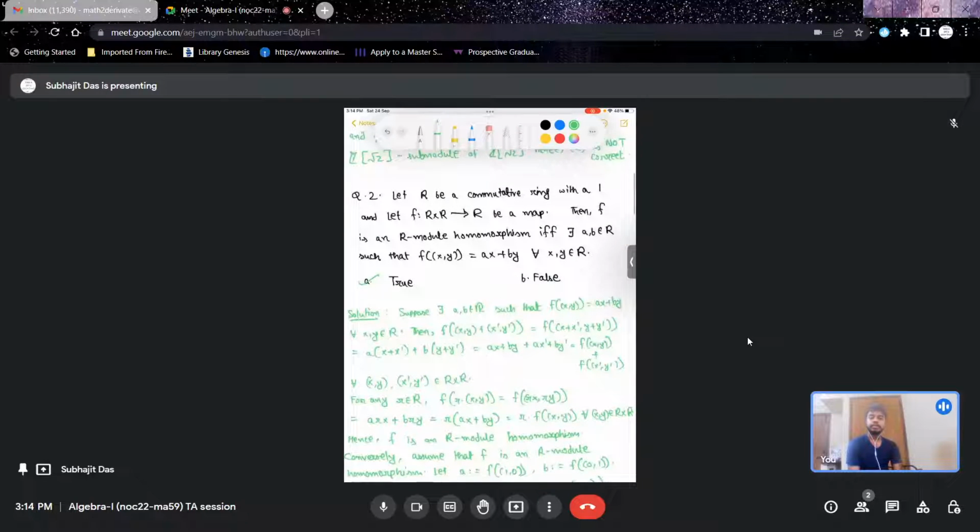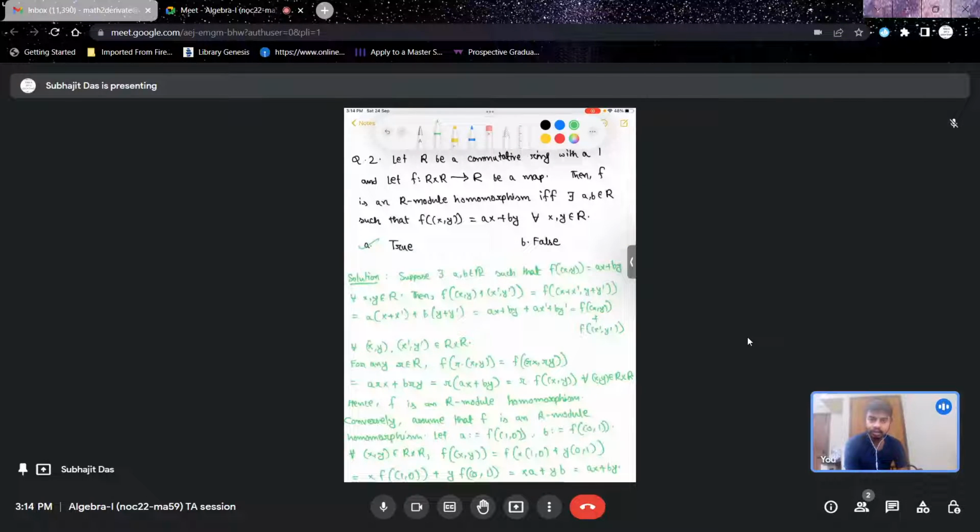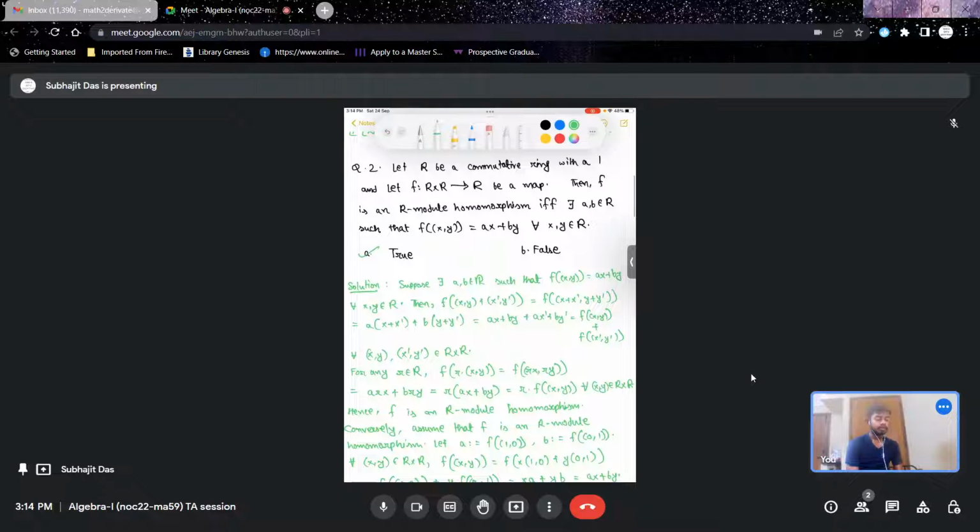Before we move on to the next problem, just a small thing to say is that this is precisely why I was stressing the fact that R cross R is a free R module, right? In other words, it's a module over R which admits a basis. And to define a homomorphism from a free object into an object of the same kind, what you need to do is define the images of the basis elements.